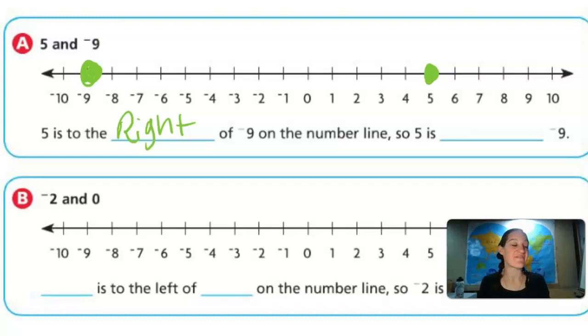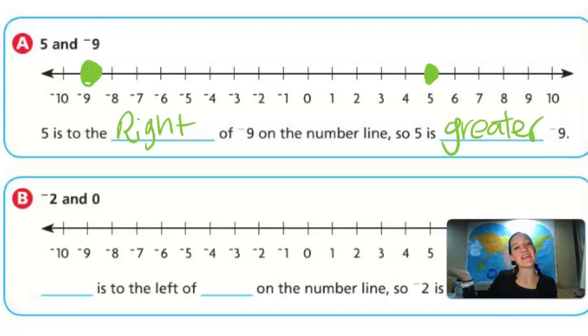So that means that 5 is greater than -9. Anything to the right is bigger. Anything to the left is smaller. Another way you could look at it is, well, 5 is positive. -9 is negative. The positive will always be greater than the negative, because the positives are always to the right of the negatives that are to the left of zero.